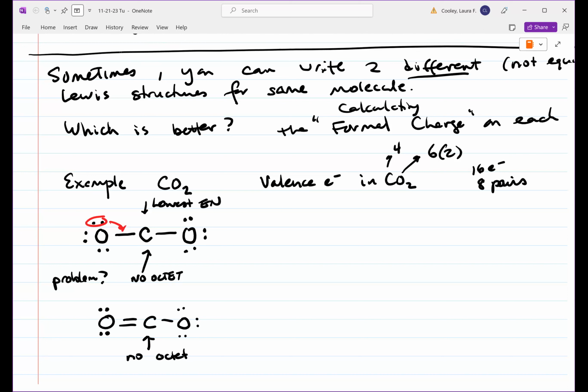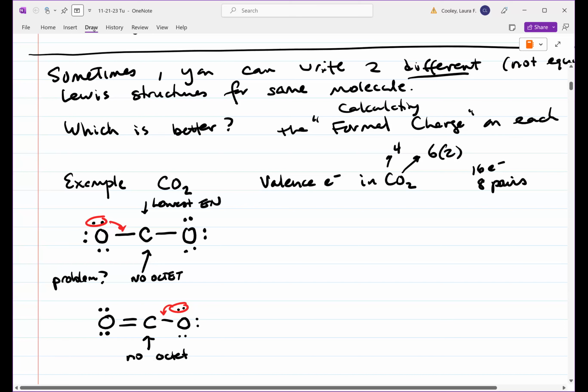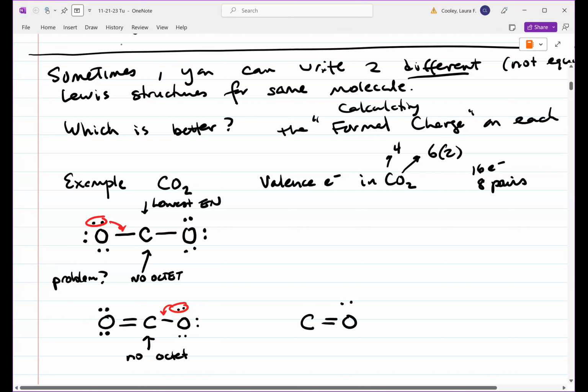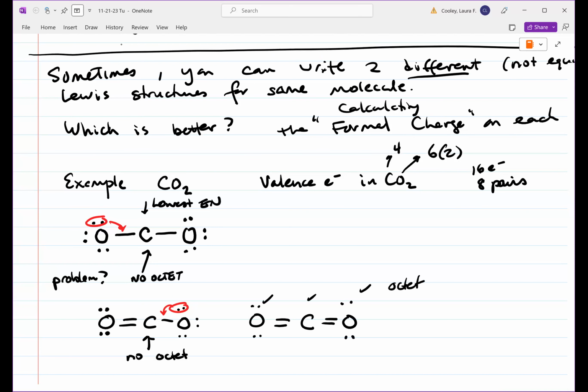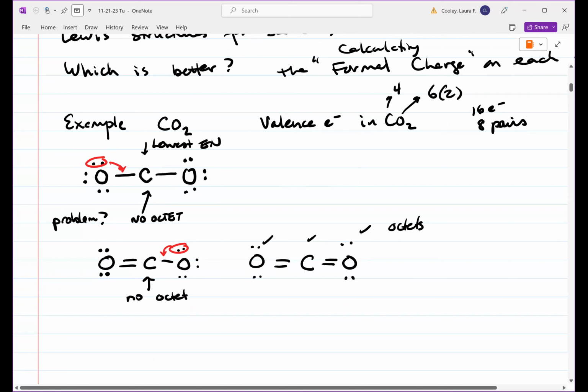So we're going to make another double bond here. So we're going to have C double bond O, double bond O, and now we have an octet on each of these atoms. And so this is a Lewis structure of carbon dioxide.